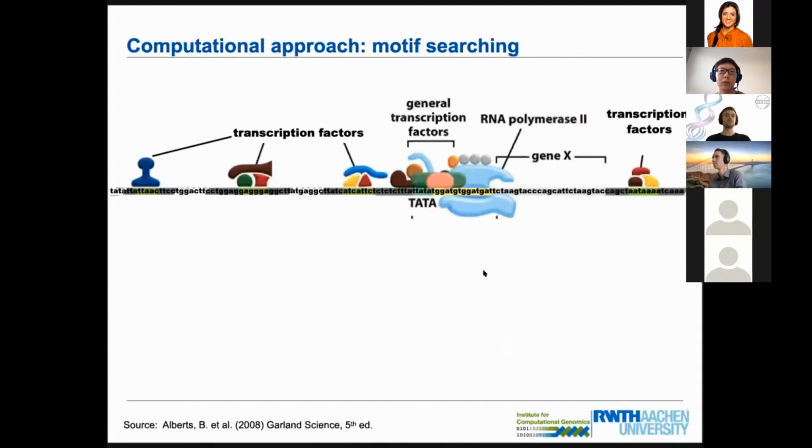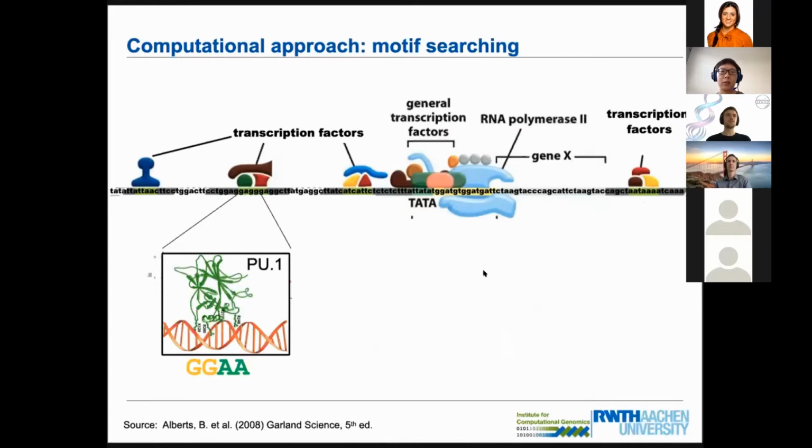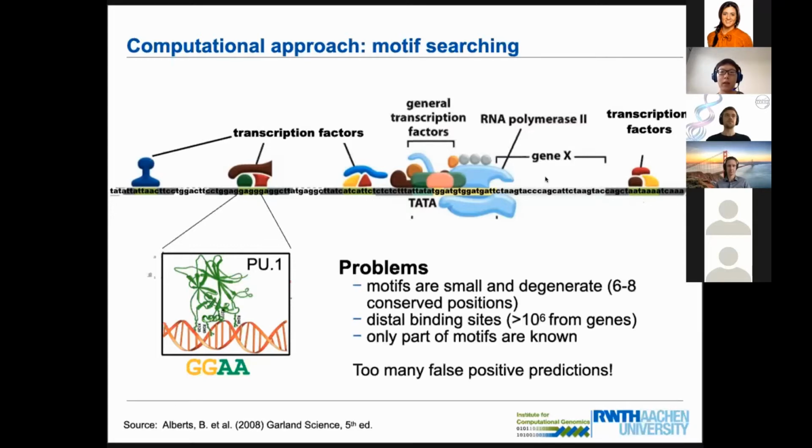One computational approach is motif searching, where we use motifs and DNA sequence to do motif matching. The motifs usually come from public datasets. For example, to study which factor is regulating the expression of gene X, we can perform motif searching and find the motif of PU.1. However, this approach has several problems.